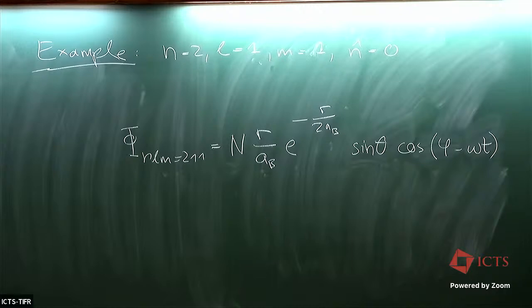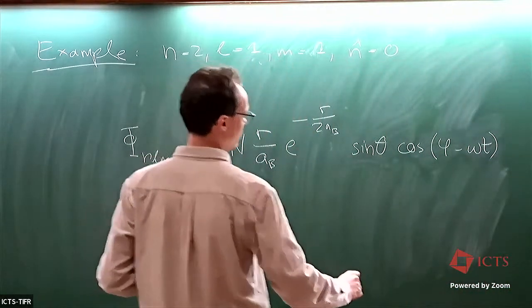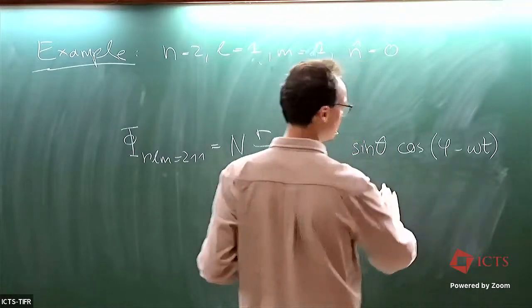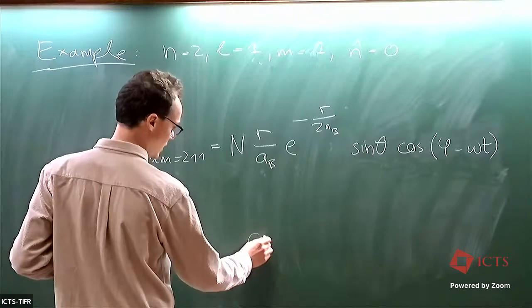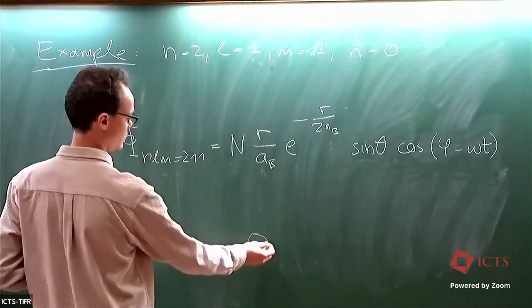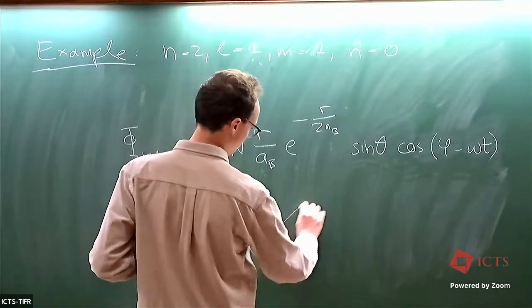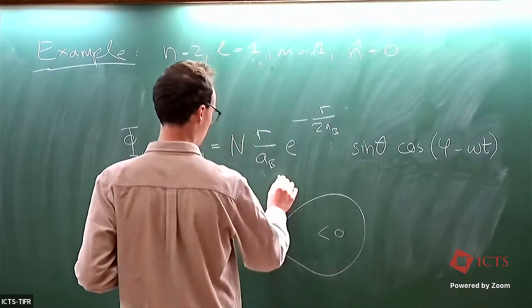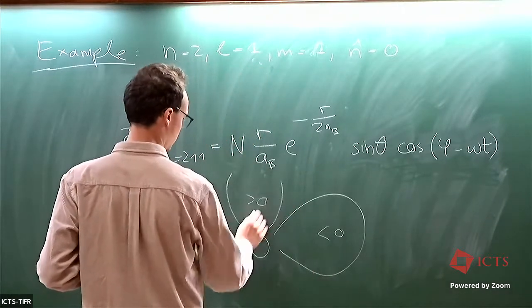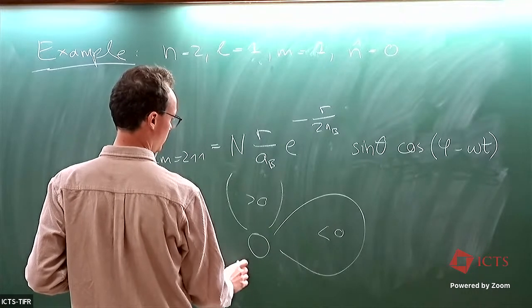Right, so now we know this is peaked some distance away from the black hole. It mostly sits in the equatorial plane. And then we have this time dependence here, which basically implies that if you looked at the black hole from the top, so the spin goes into the plane or comes out of the board, then the scalar field is negative here, positive here. Am I doing this right? No, it's the other way.